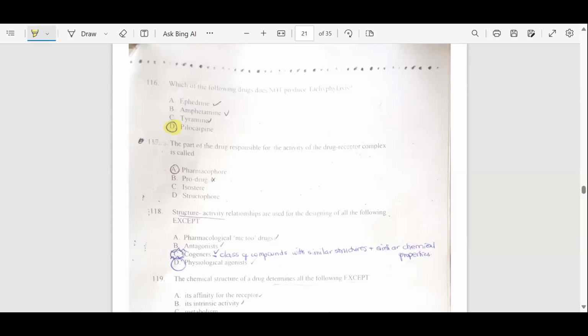So you think the answer is tyramine? Yeah. Anyone else?